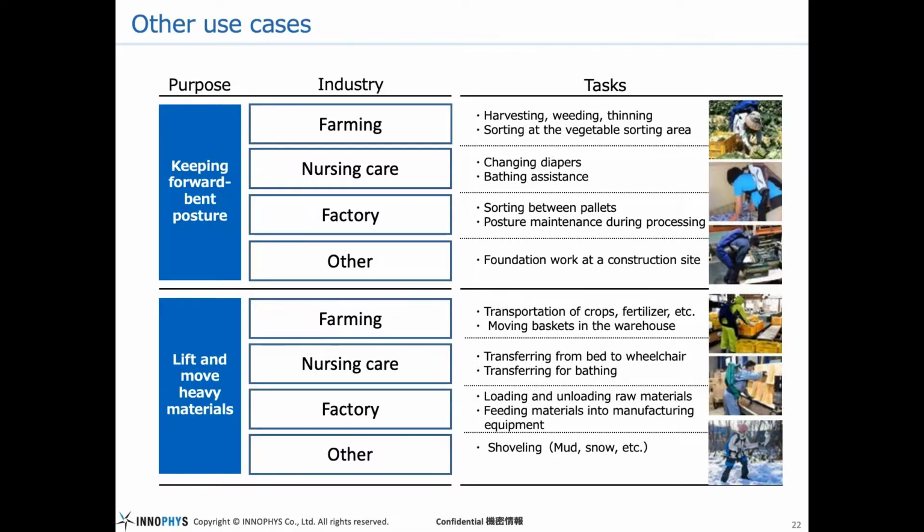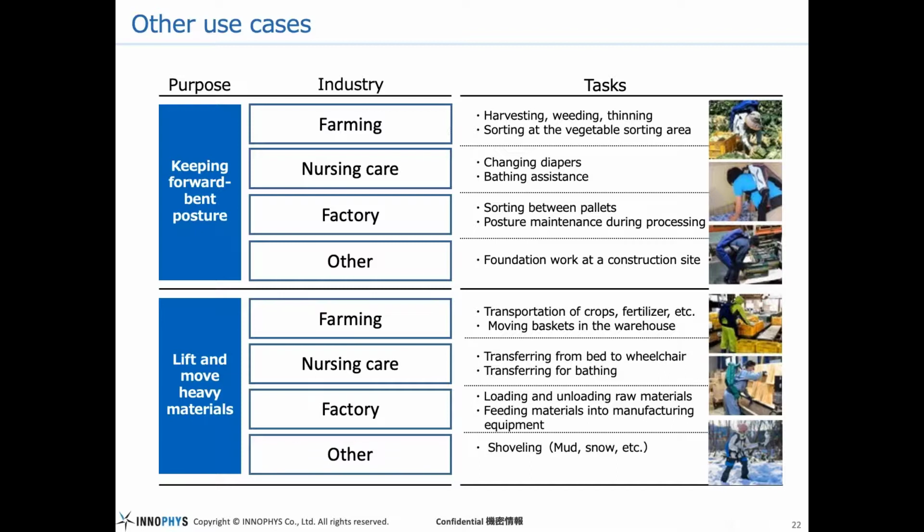And lifting and moving heavy materials: in farming, like in the previous movie, transportation of crops, fertilizers, and baskets, moving baskets, or loading and unloading the baskets. In nursing care, transferring from the bed to a wheelchair or transferring for bathing.